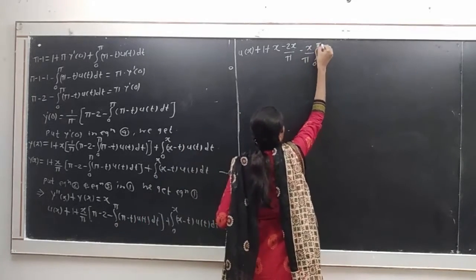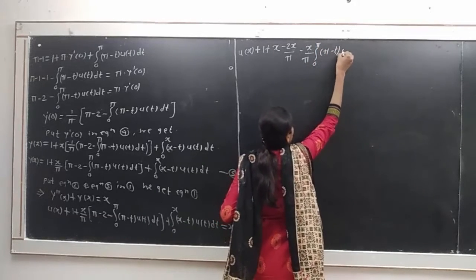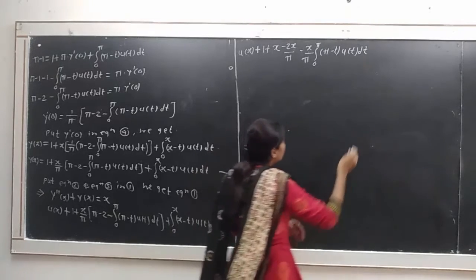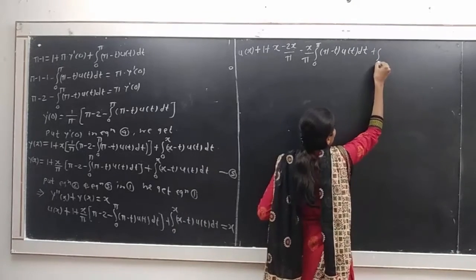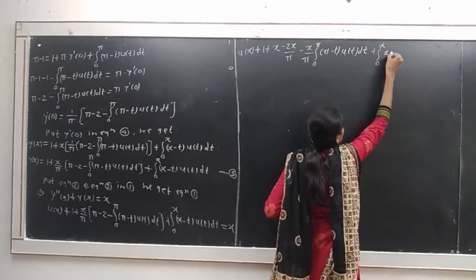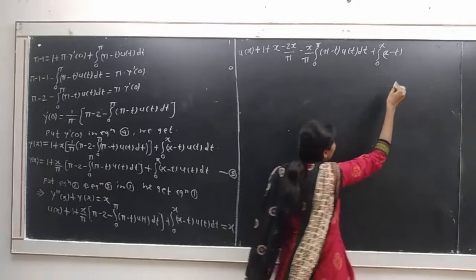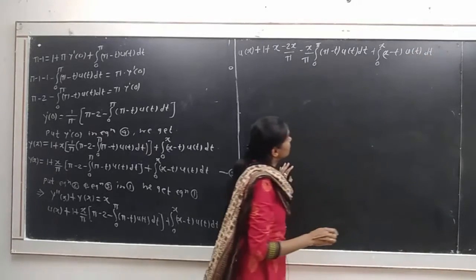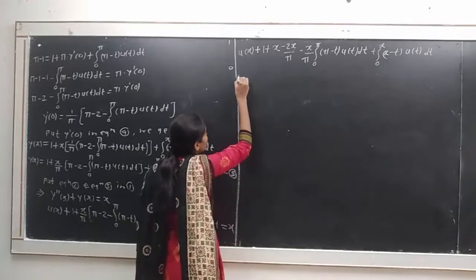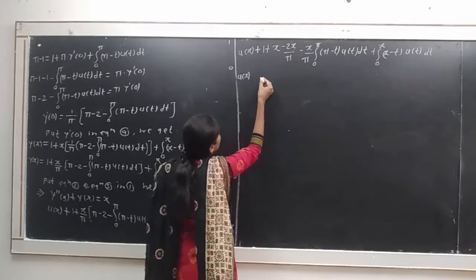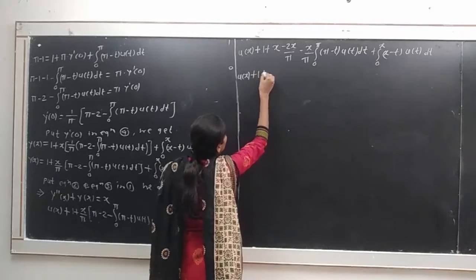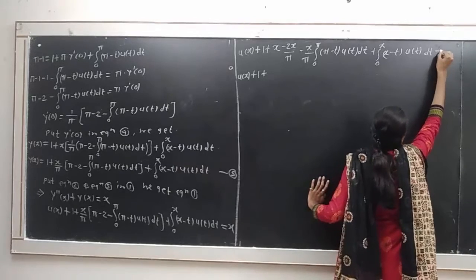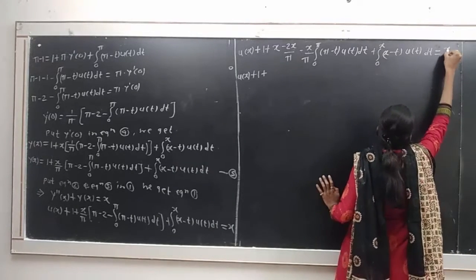integration from 0 to pi in bracket pi minus t into u of t dt plus integration from 0 to x minus t into u of t dt, that is we get u of x plus 1 plus u of t dt is equal to x.